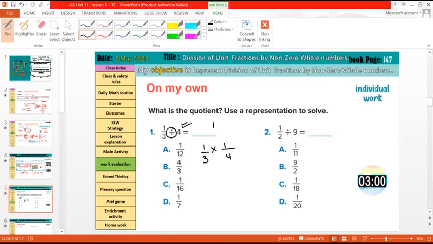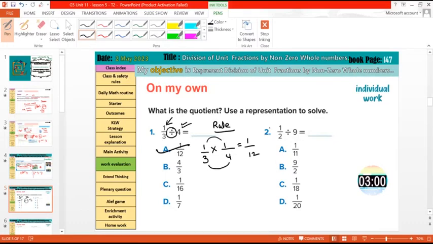This is the rule for dividing a unit fraction by a whole number: keep the fraction as it is, change the division symbol to multiplication and reverse the whole number. So 1 by 3 times 1 by 4 is 1 into 1 is 1 upon 3 times 4 is 12. So the answer is 1 over 12.